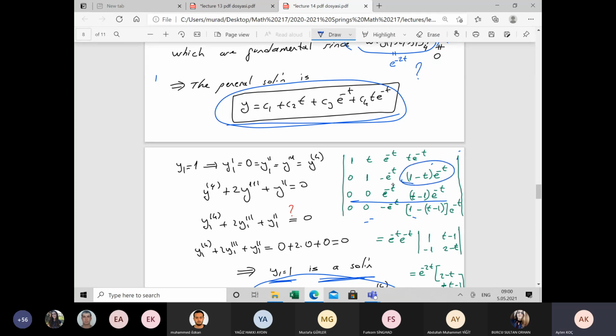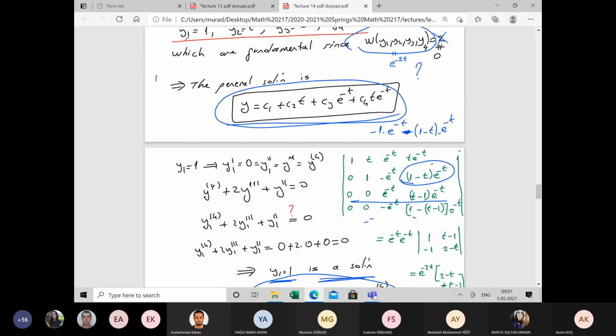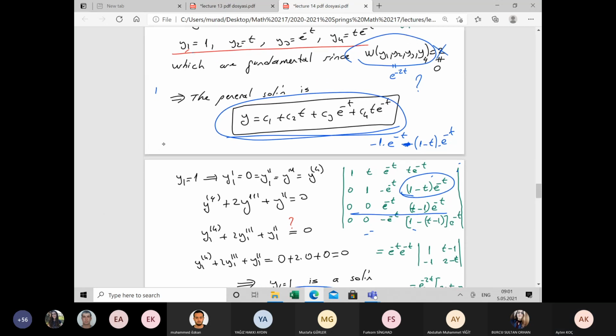We take the derivative: the derivative of the first part, minus 1 times e to the minus t, plus the first one, 1 minus t, times the derivative of the second one, e to the minus t minus 1. So it's not true, maybe. There's a problem here, maybe.